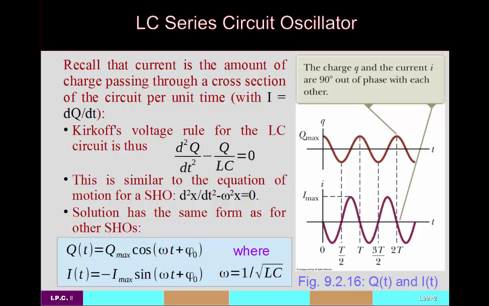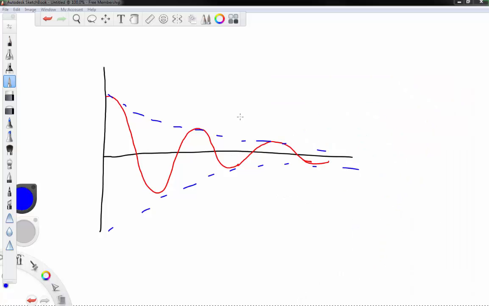And what that ends up looking like is something like this, where the blue lines represent what's sometimes called the envelope. This represents, at a given time, the maximum possible value of your oscillation.